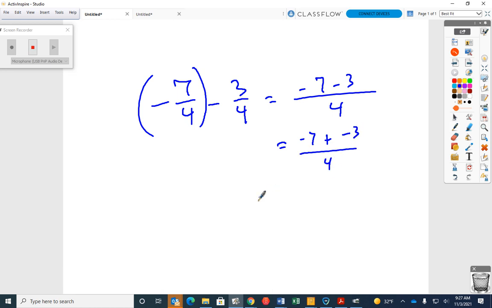So what's negative 7 plus negative 3? You owe 7, you owe 3 more. Negative 10 over 4. But I don't want to leave it like this. I want to change this into a what? Mixed number. And I can do this 2 ways. I'm going to show both ways. I can simplify this to negative 5 over 2, which can then turn into what? How many 2's going to 5?